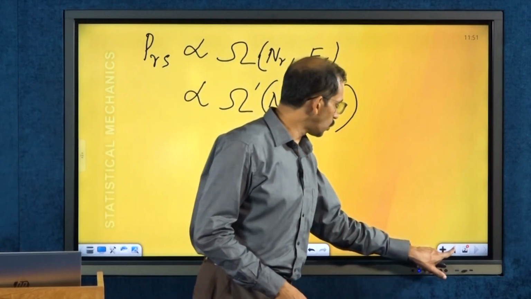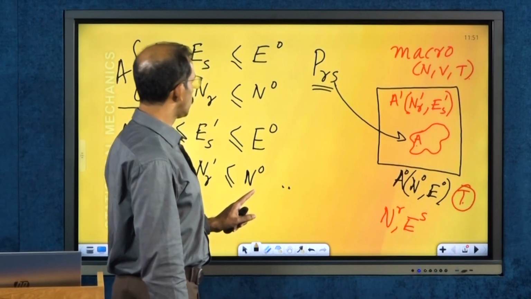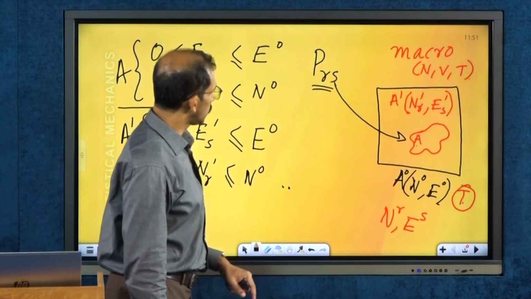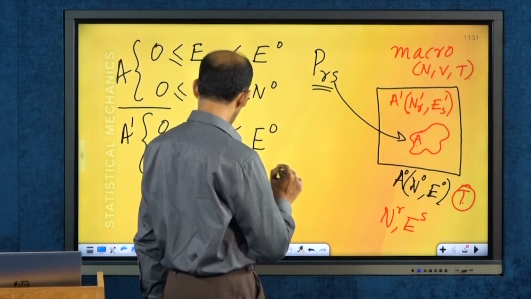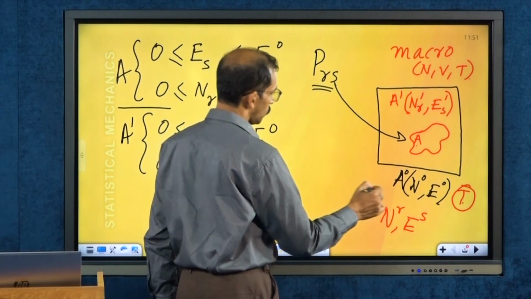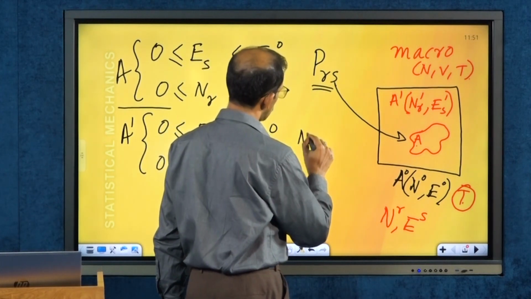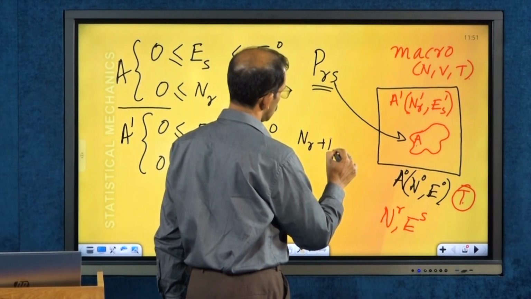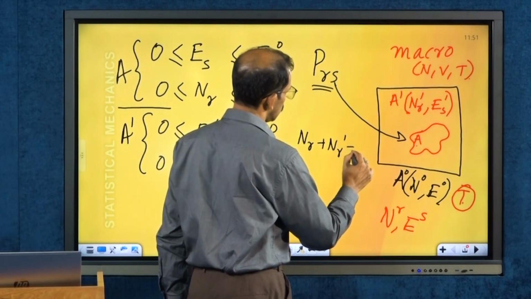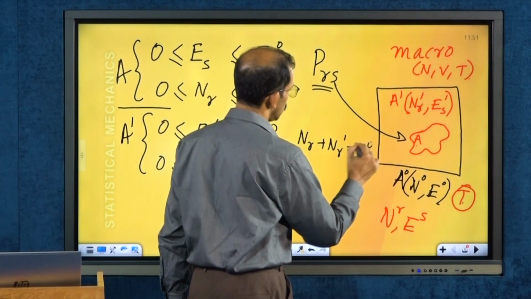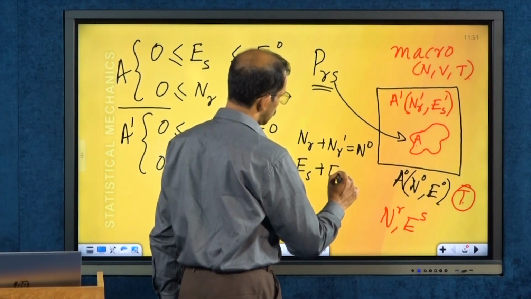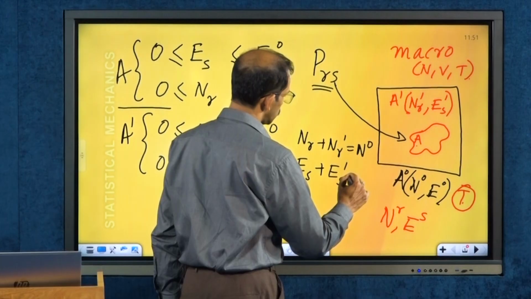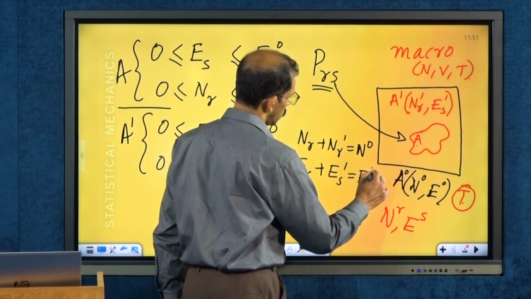That I didn't write here, which is: I should write about this system as N_R plus N_R' is equal to N0, and E_S plus E_S' is equal to E0.